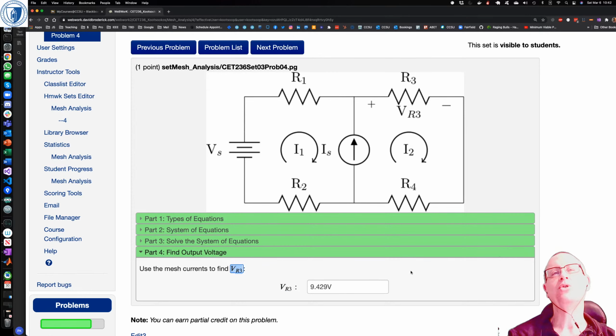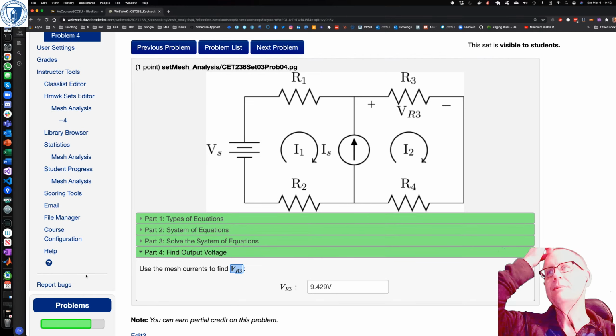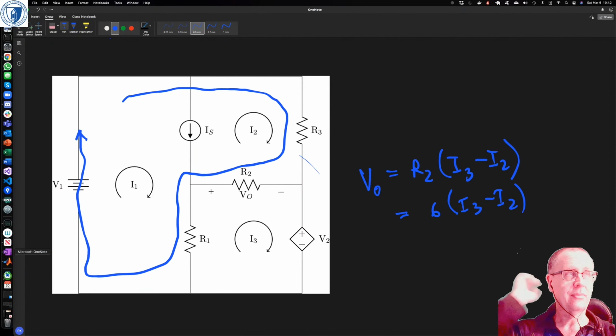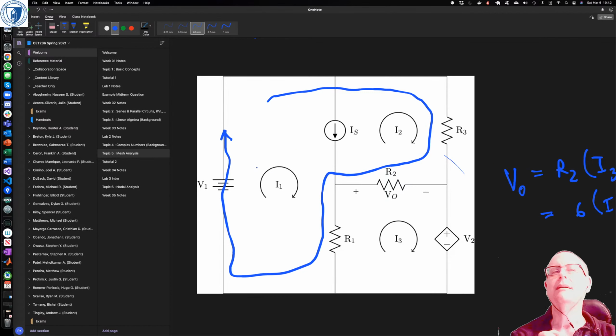Okay, normally it'd be V out, right, or VO, but in this particular example it's labeled differently and it's called VR3. Yeah, good question. It does change from all the others. Okay, so let's leave mesh analysis there for now.